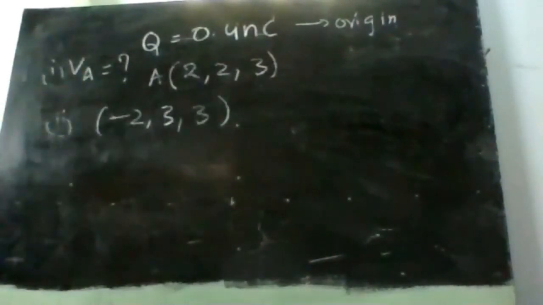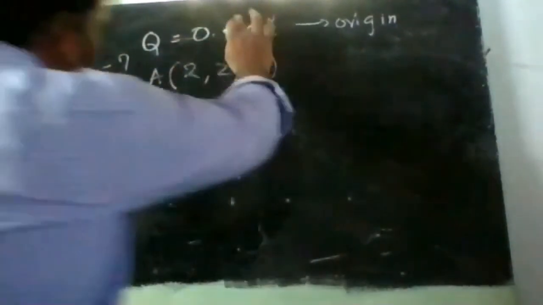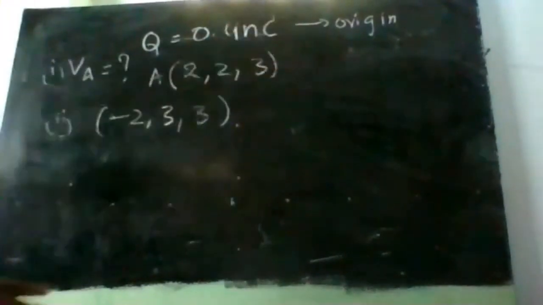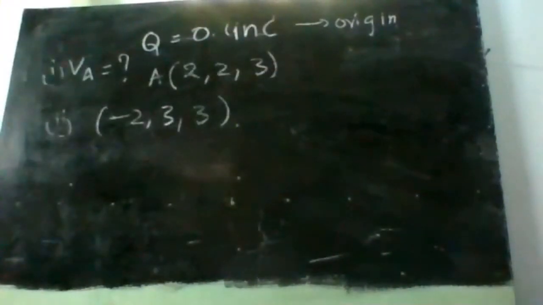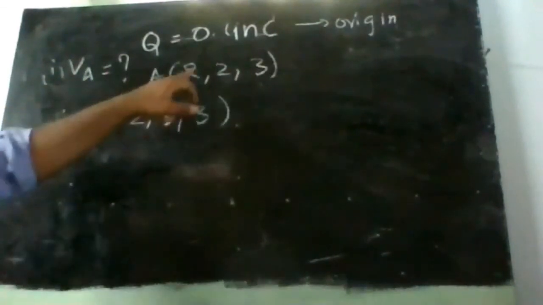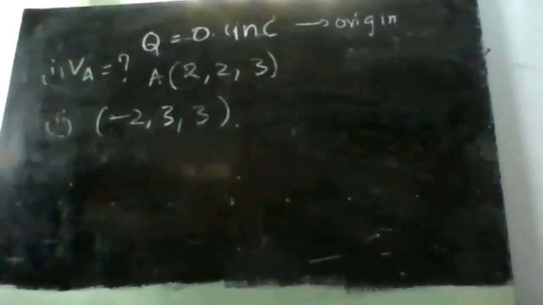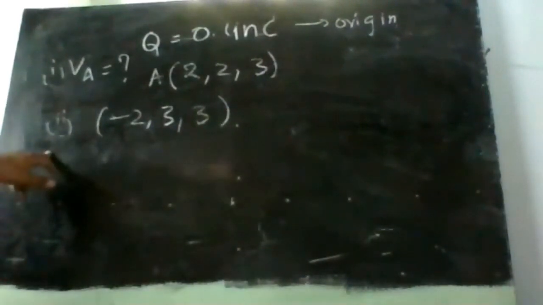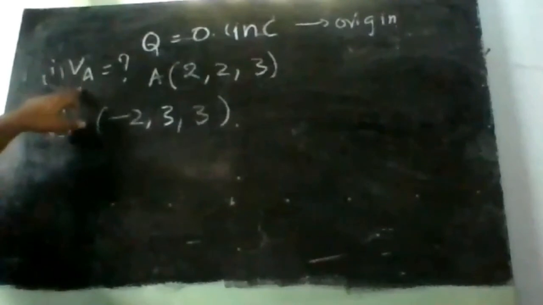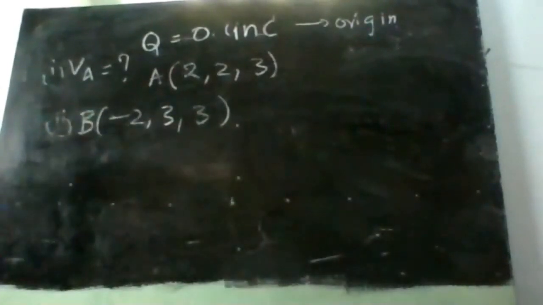A point charge Q having a value of 0.4 nanocoulombs is located at the origin. What is the absolute potential at the point A given as (2, 2, 3)? Next, what is the potential difference between this point A and point B located at (-2, 3, 3)? This problem was asked in the last exam.